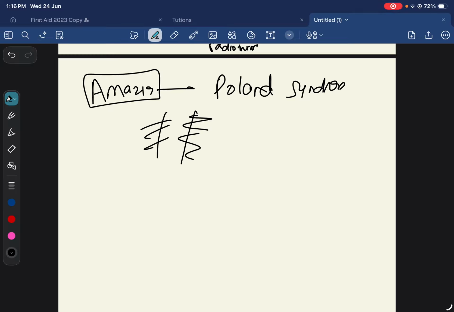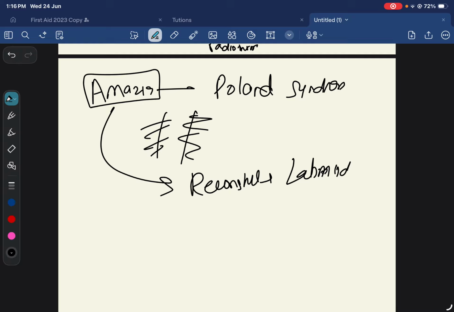The portion of pectoralis major close to the sternum is actually absent. So in amastia, what you do is reconstruction with latissimus dorsi muscle. Okay, and then a silicone implant can also be used alongside that.